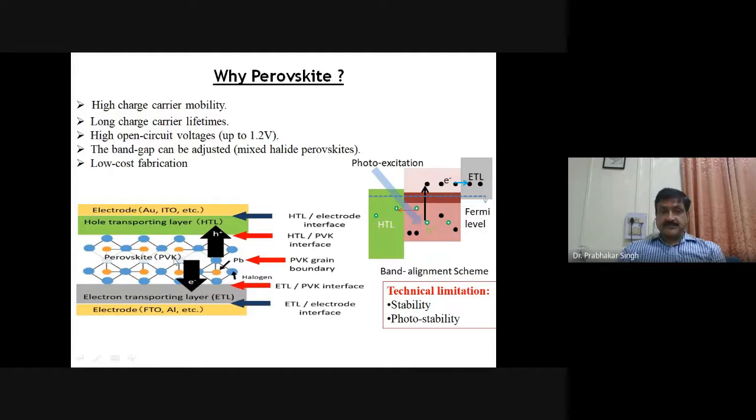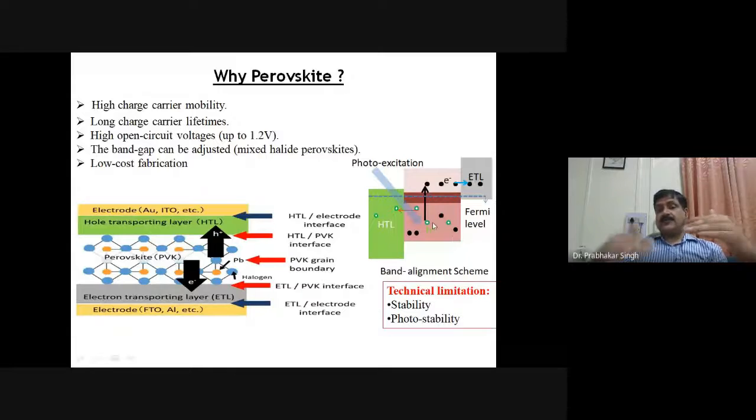So this is a simple schematic of the perovskite solar cell. It is the light absorbing material. This is the hole transport layer, the electron transport layer, and electrodes, just to connect to the external circuits. And of course, there is a question: what is the role of perovskite? Because here there is no physical junction, no semiconducting junction. So basically, it is the band alignment scheme.